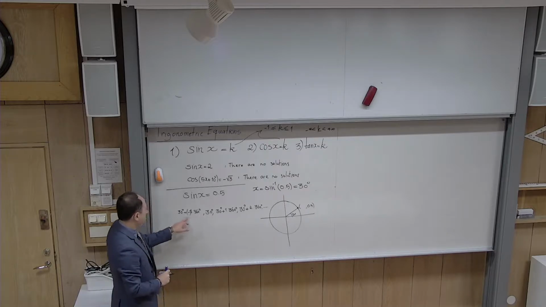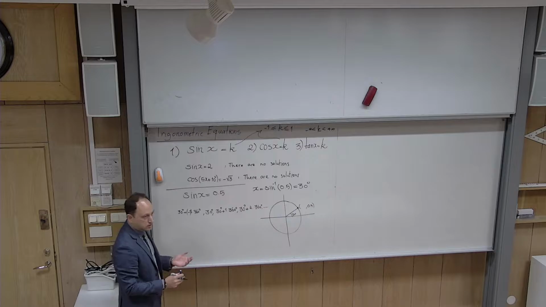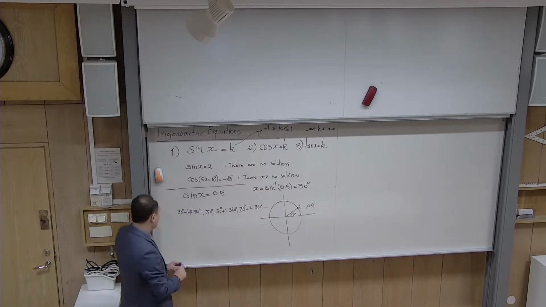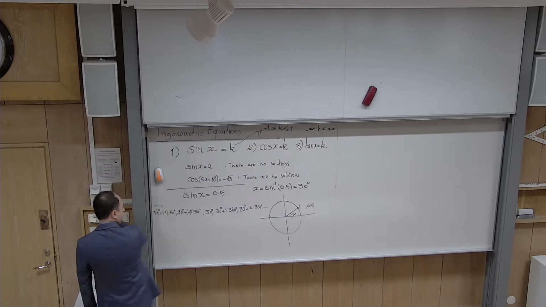If I ask you what this number is, you say it is 30 minus 360, it's minus 330. So the sine of minus 330 is also 0.5. And then I can go two full rounds, yes? And this list will continue to the left as well.